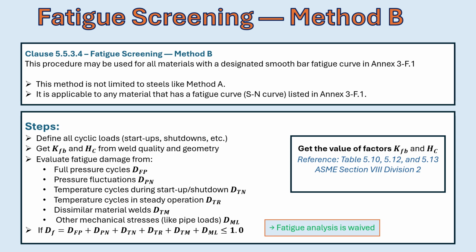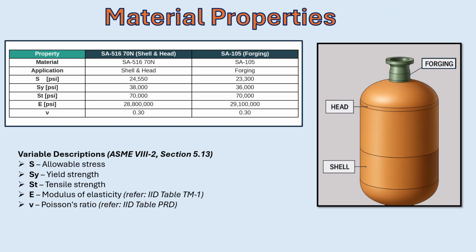If you don't have other loading cycles, you can ignore them and consider only one pressure cycle, and the damage from that cycle should be less than 1. If that criterion is met, we don't have to do the detailed fatigue analysis.